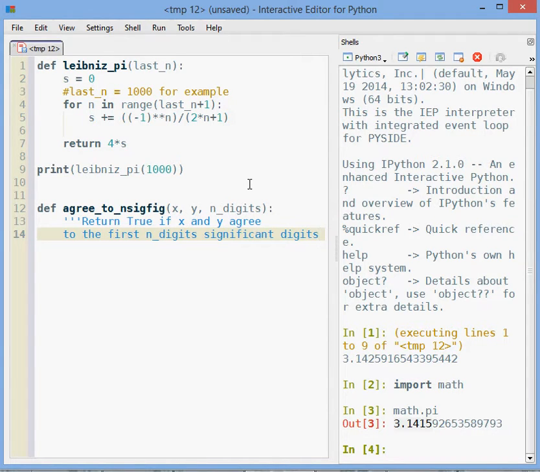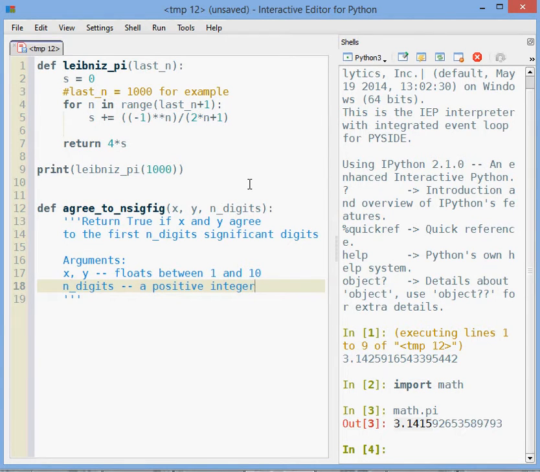Okay. So what are the arguments? So the arguments would be x and y would be floats, and we'll say between 1 and 10, you'll see why in a second, and n digits is going to be a positive integer.